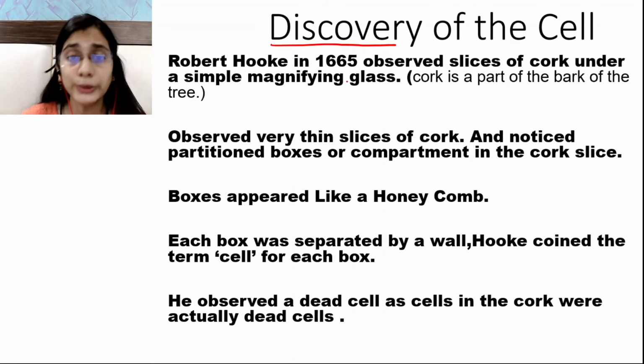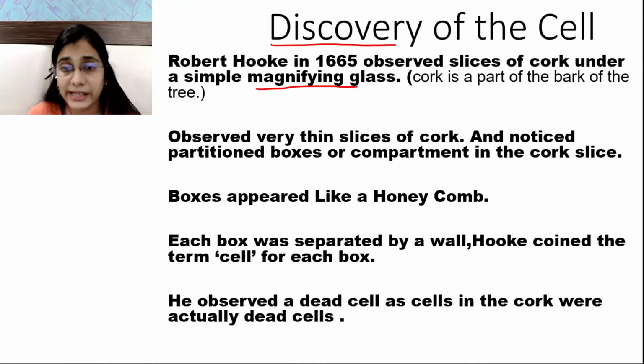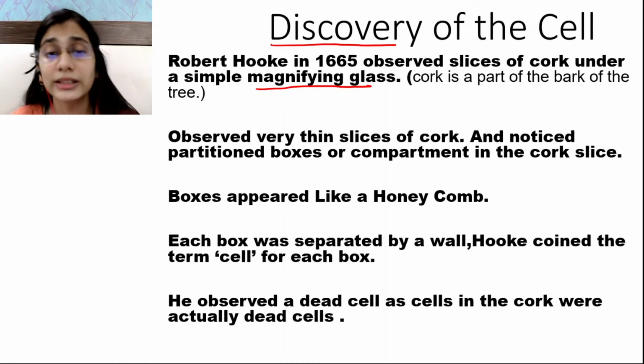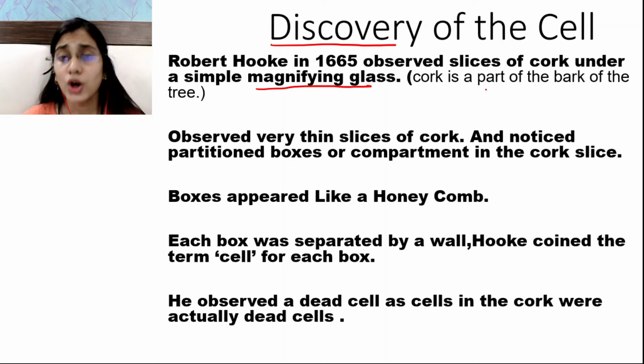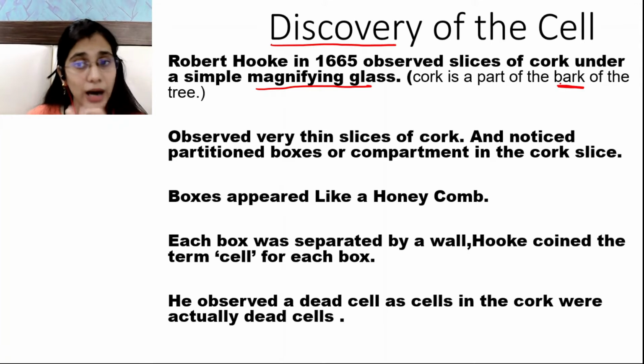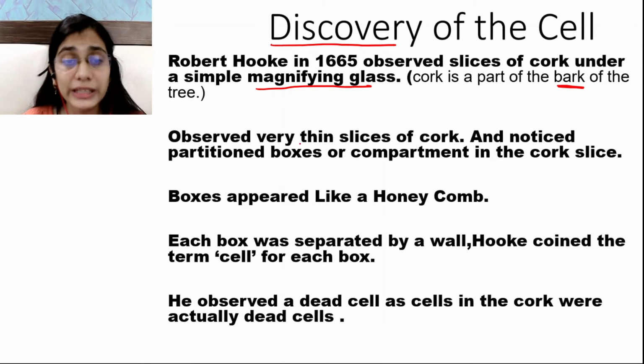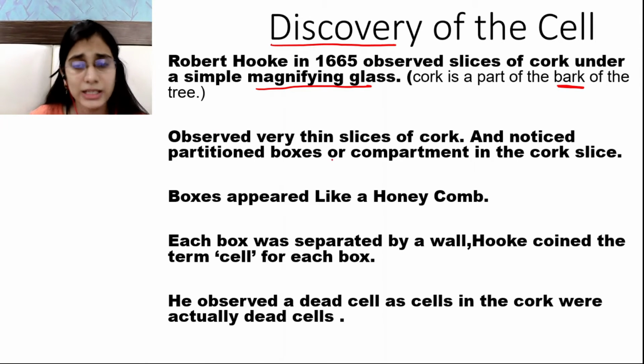So, Robert Hooke in 1665 observed slices of cork under a simple magnifying glass. At that time, microscopes were not that advanced. Cork, what is cork actually? Cork is part of the tree bark, the outer part. He observed very thin slices.